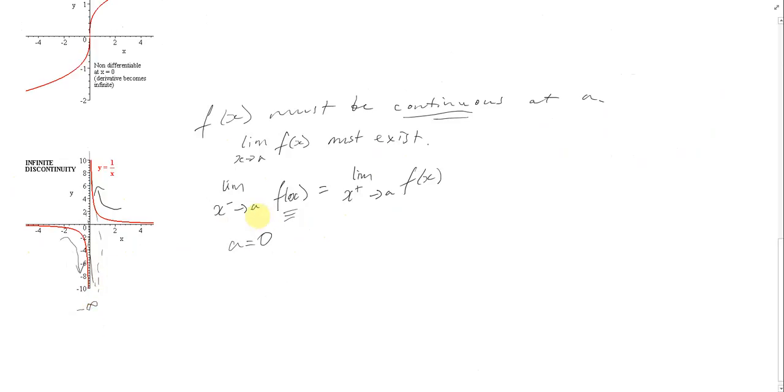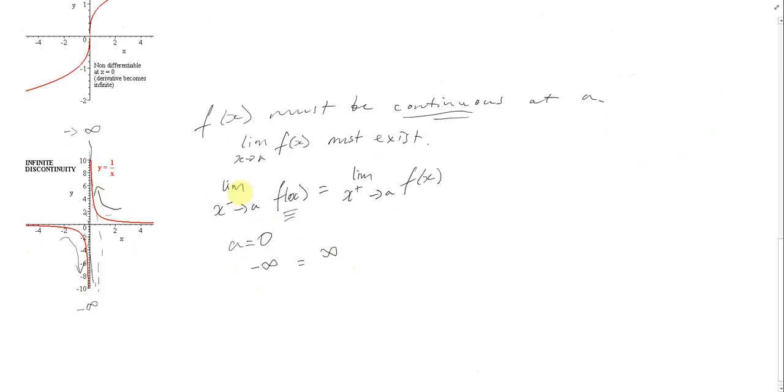So the limit of f of x as it approaches 0 is going to be negative infinity. So on this side, our limit is negative infinity. But on this side, as x keeps getting closer and closer to 0, the graph goes up and up and up. F of x is getting larger and larger, approaching positive infinity.